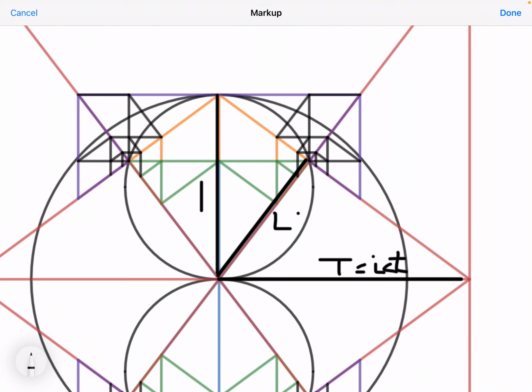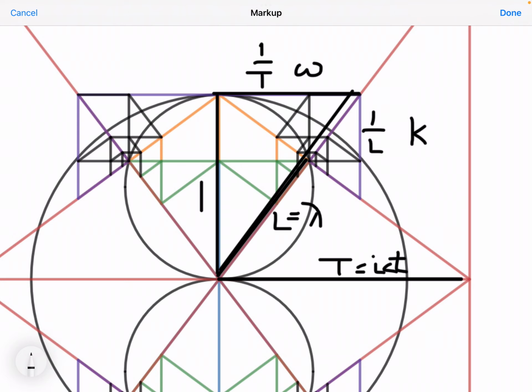Okay, and this, I'm just going to call this the wavelength of a fermion, and then the total length here is actually gamma, and that's also the wave number, which is usually given a k. And this length here is 1 over t, which is usually called radians per second, or W.